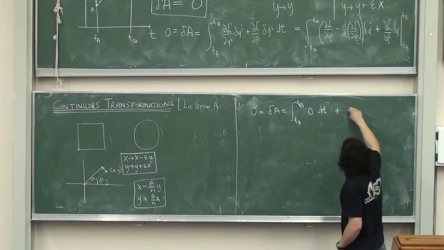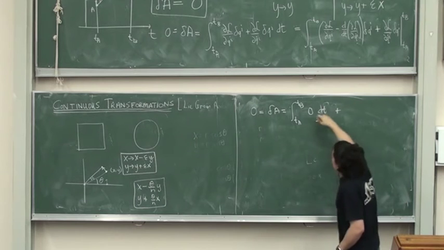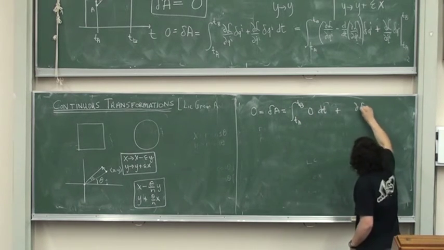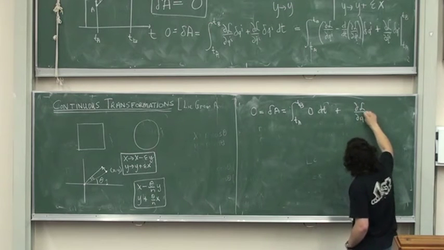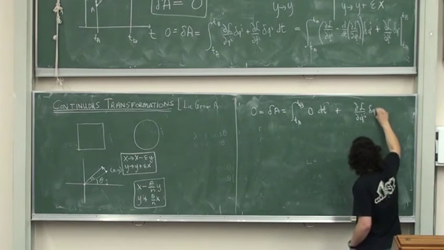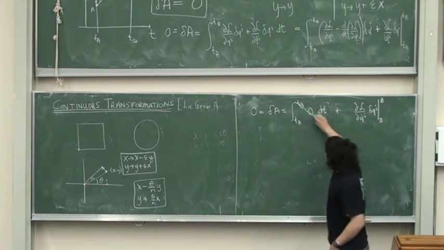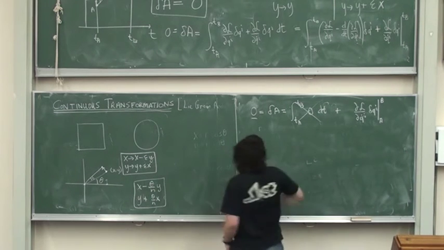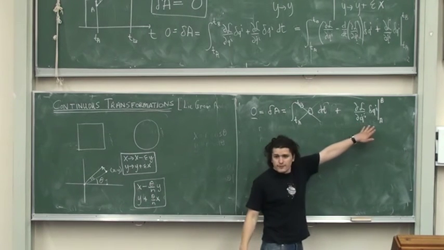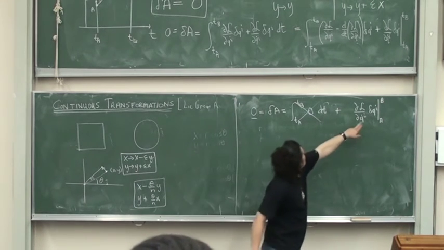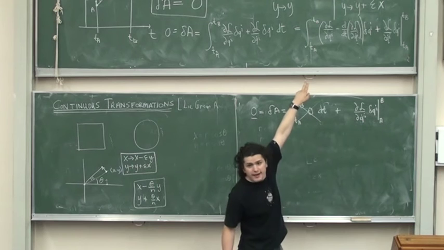plus, and remember there's a sum over i, ∂L/∂qi dot delta qi between A and B. Right, so this one is 0, this one is 0, so it must mean that this thing is 0. But this thing we can write out. What's delta qi look like? Delta qi is Fi.